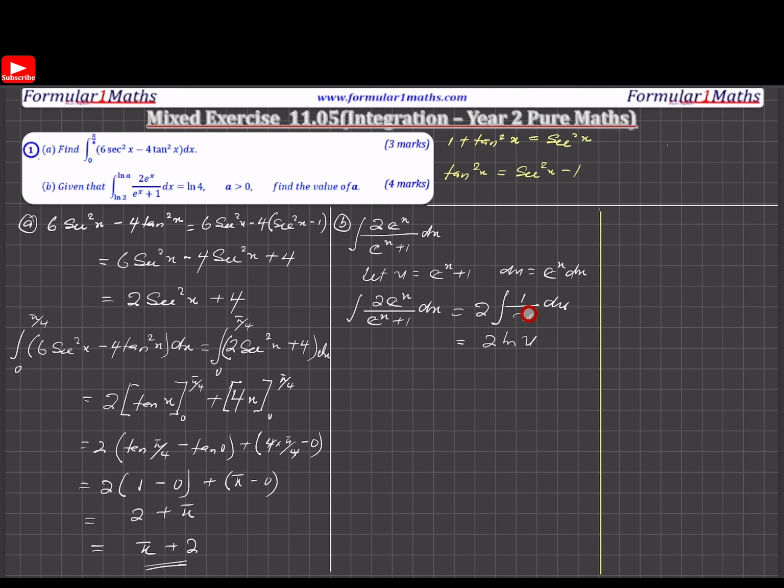So the whole integration with the limits can now be written as follows.